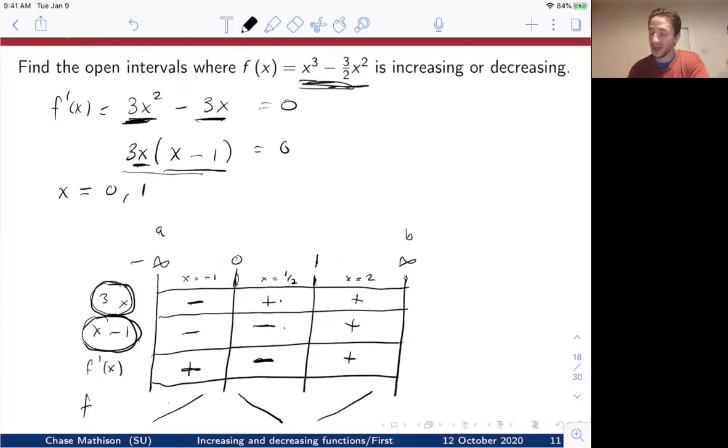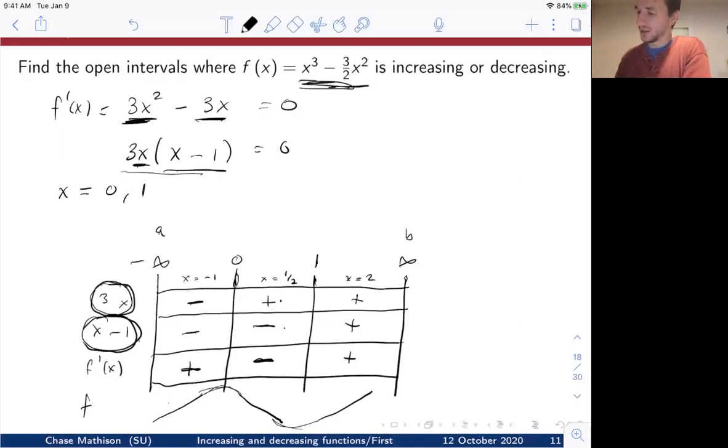The first derivative test, we're going to learn that tomorrow. But you can even just see from the sketch that we're going to have a max at x equals 0 and a min at x equals 1. But we're going to prove that tomorrow.